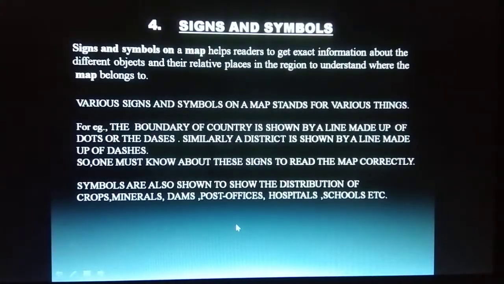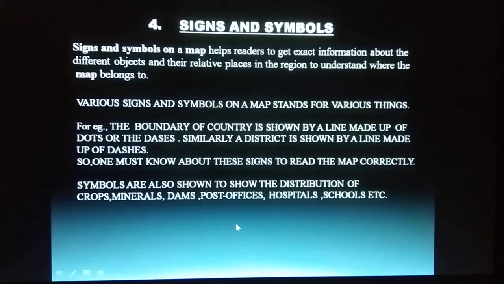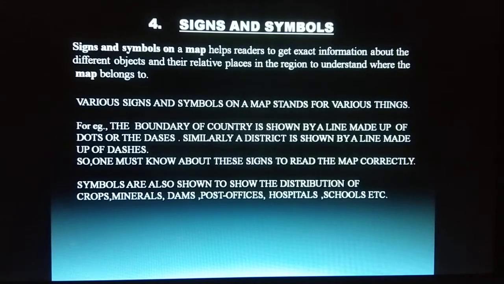Now signs and symbols. What are these signs and symbols? Signs and symbols on a map help the reader to get exact information about different objects like hospitals, schools, railway stations, and their relative places in the region to understand what the map belongs to. The various signs and symbols on a map stand for various things.